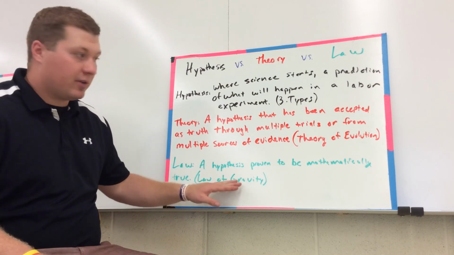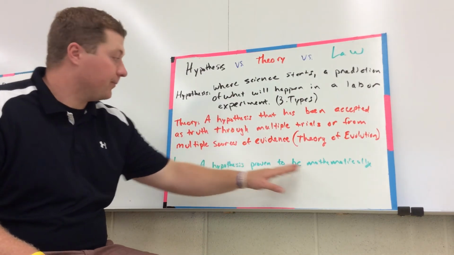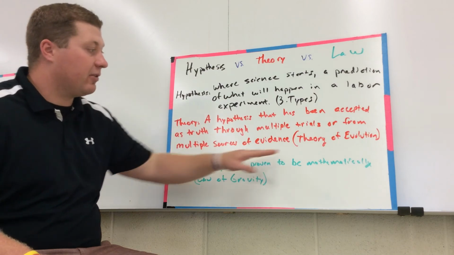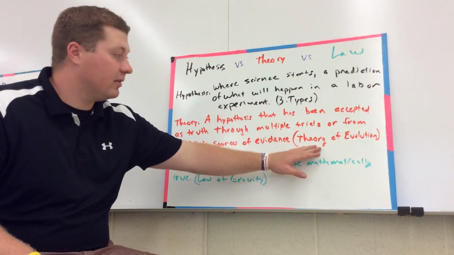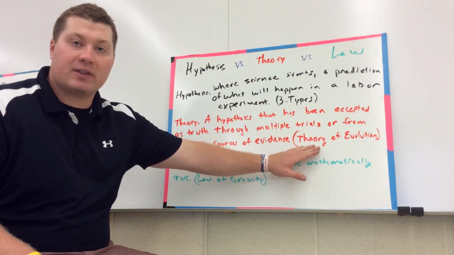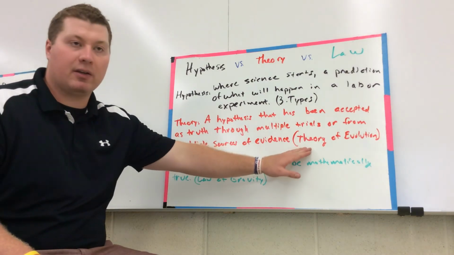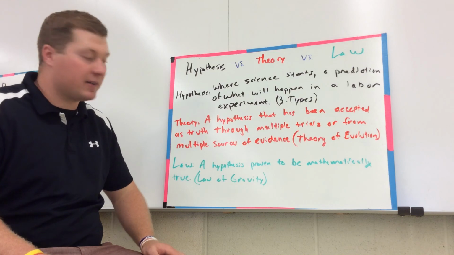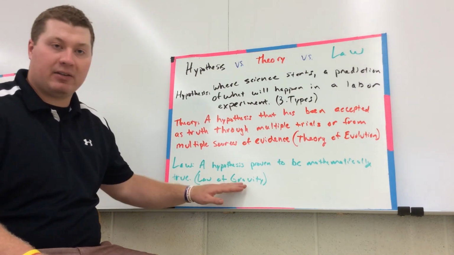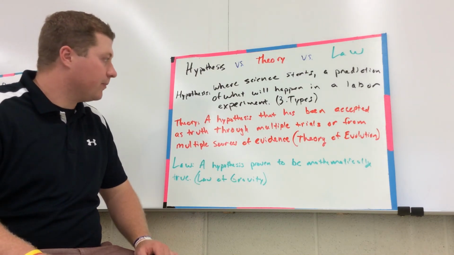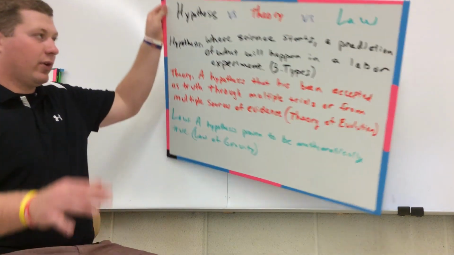That's something we can measure and determine mathematically. A theory is well accepted, but it isn't always mathematically proven true. It's hard to prove something like the theory of evolution through mathematics, whereas the law of gravity can be proven through mathematics. So that's it for this first video.